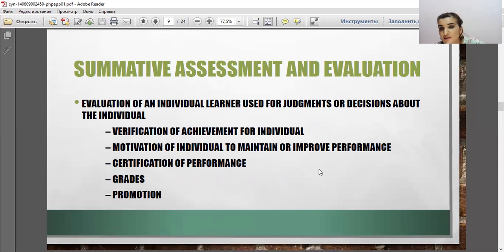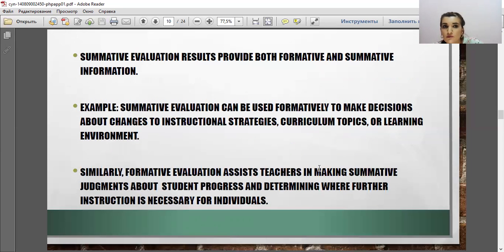So, summative assessment is like assessment at the end of the term or the year. Here, the teachers will analyze what was gained by their students, what kind of level was gained, and of course, at the end, they will be graded and promoted. So, summative evaluation results provide both formative and summative information.